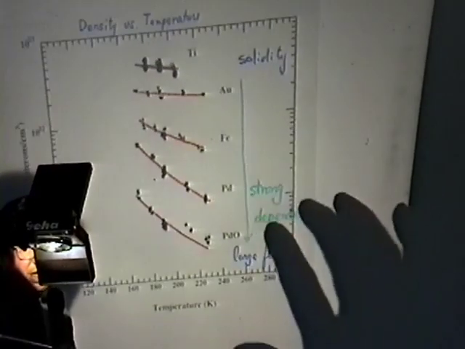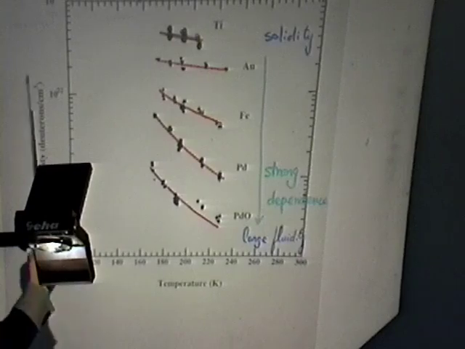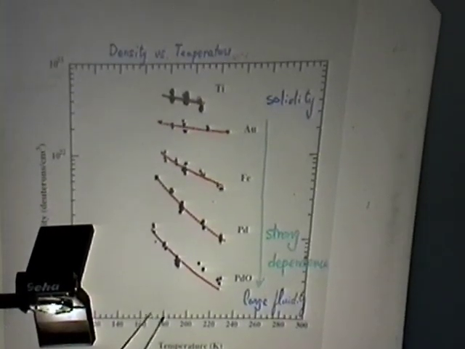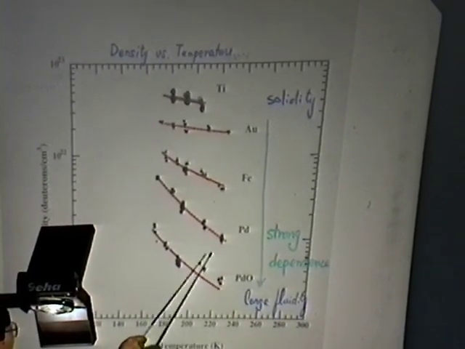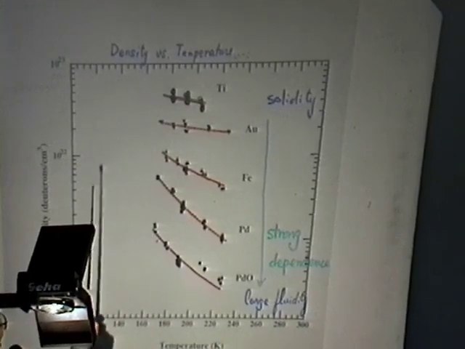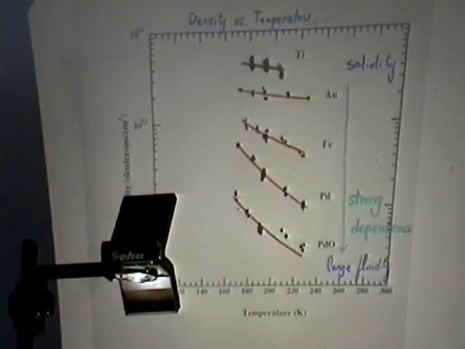And we are thinking that it might be related to the fluidity of a deuteron in the metal, because if you change the temperature, this is the density versus temperature, the density changes very much for the palladium oxide and palladium, and for the titanium or the gold, it does not change so much.